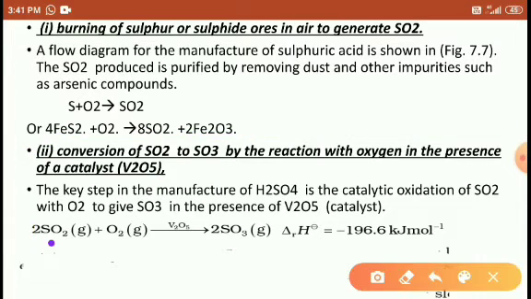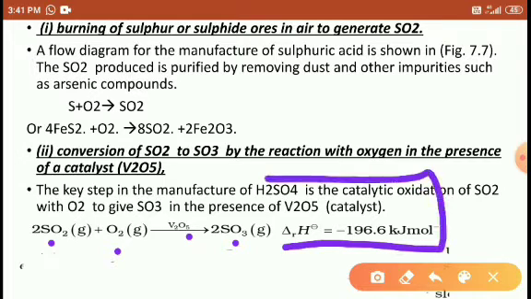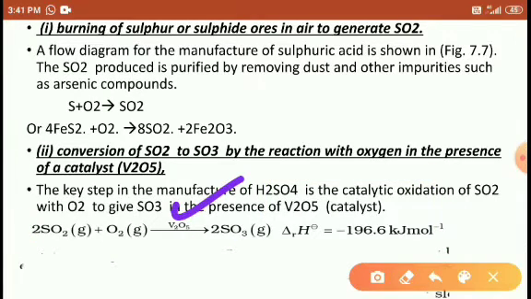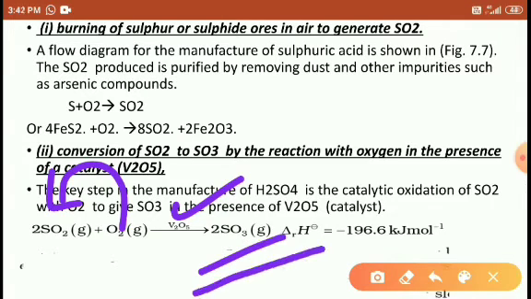Sulfur dioxide reacts with oxygen in the presence of vanadium pentoxide catalyst and forms sulfur trioxide, liberating heat, minus 196.6 kilojoules. Vanadium pentoxide is a catalyst which adds oxygen to sulfur dioxide to form sulfur trioxide.